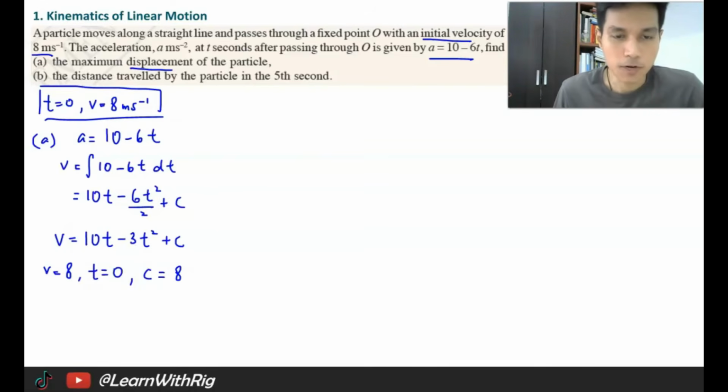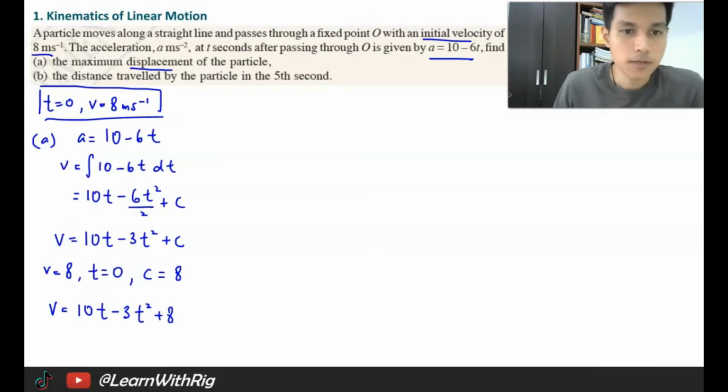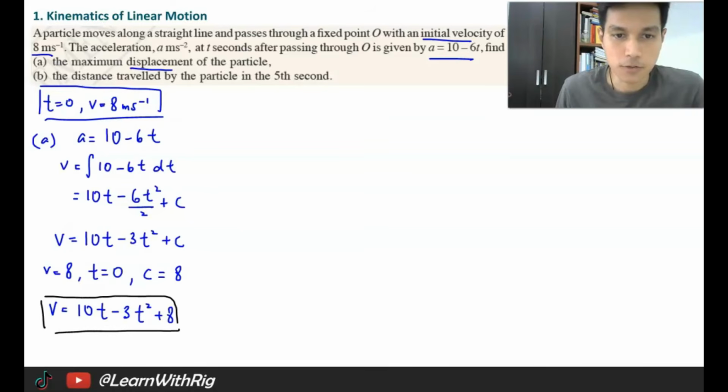I won't write here because it's understood. It's quite straightforward. So your velocity function is going to be 10t minus 3t square plus 8. This is your velocity function. But you cannot stop here because you need to find displacement, right? They ask for displacement instead of velocity. So now you have to find displacement.